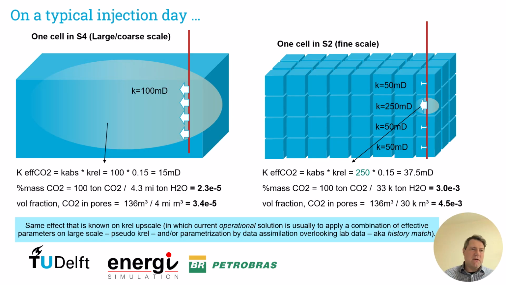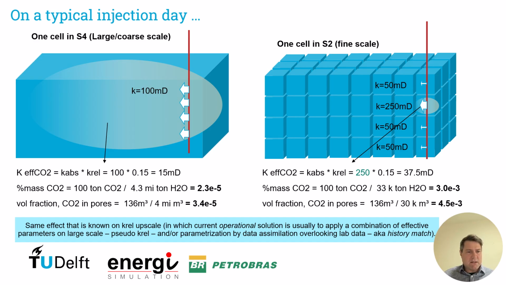On the conceptual level, what we are going to think about is if I inject, let's say, 100 tons of CO₂ in a very large volume, such as the ones in S4 scale, or if I inject 100 tons of CO₂ in fine scale, it is going to be the same on the numerical side.